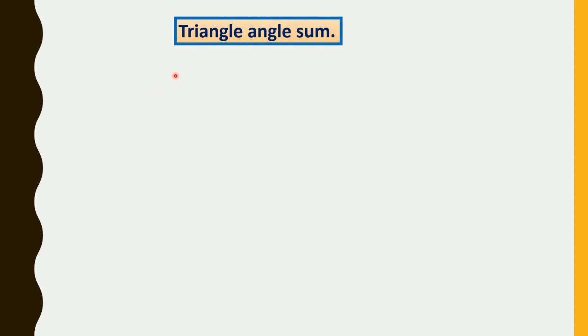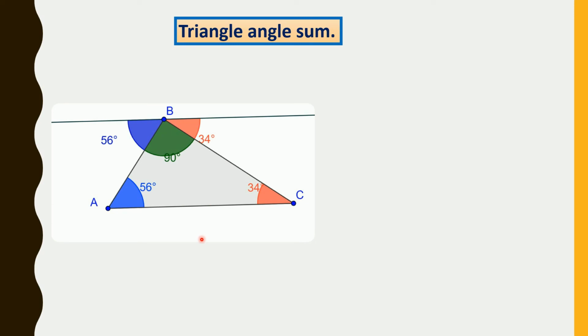Now let's continue with triangle angle sum. Let's observe this figure. In this figure we have a triangle ABC. We notice here that if we glue its three angles, the blue one, the green one, and the orange one, next to each other, they will form a straight angle.